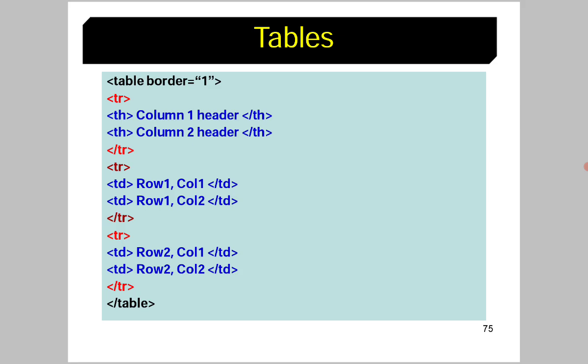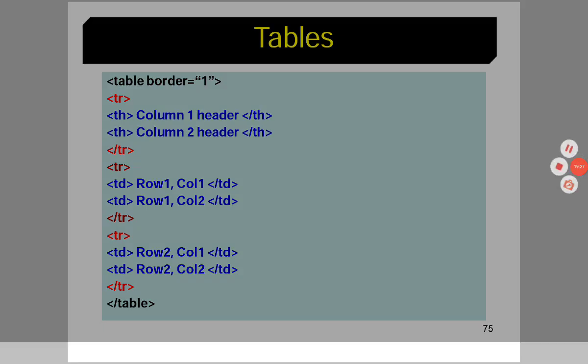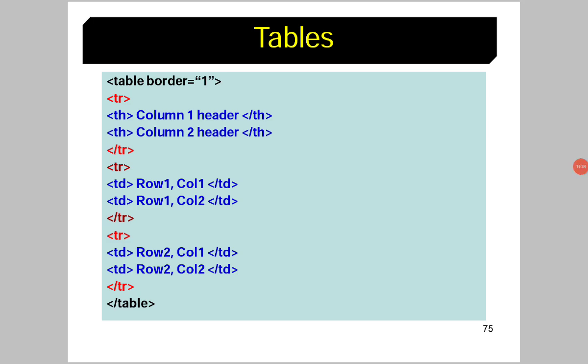So here you create a table with 3 rows, and each row contains 2 columns, that is 3 into 2, total 6 cells. What is a cell? A cell is a place where you may enter some data or information.